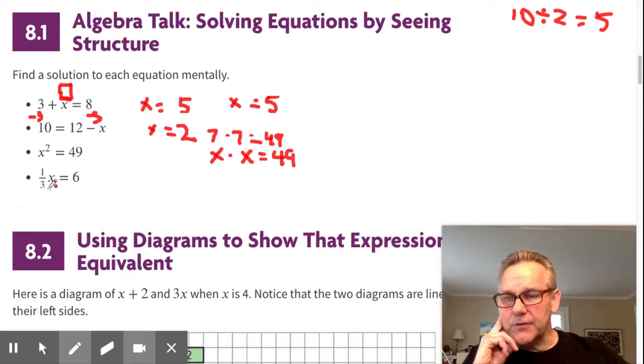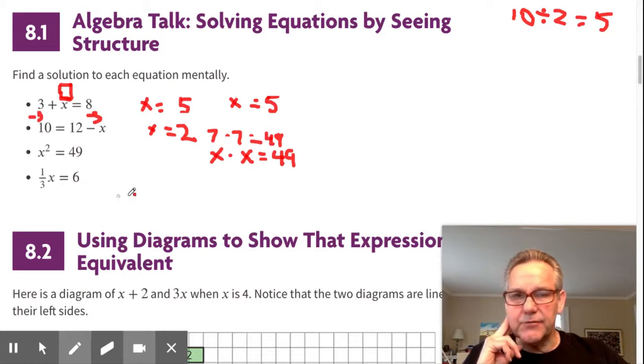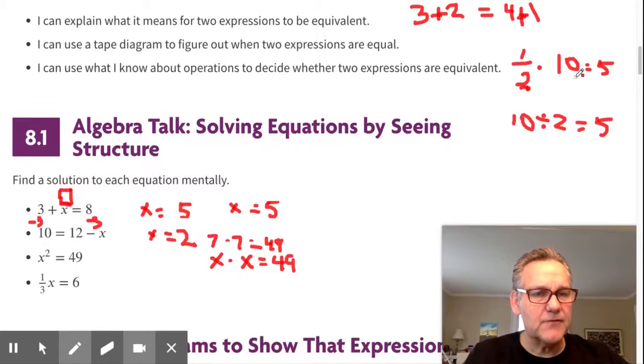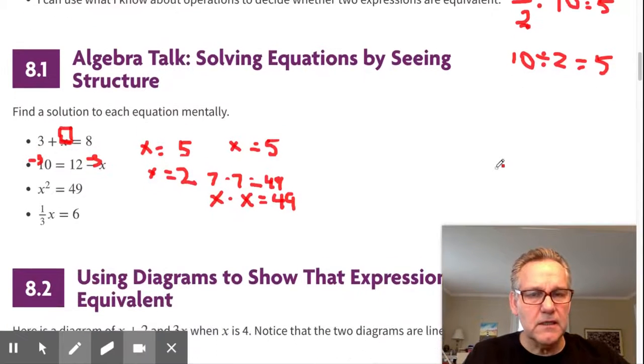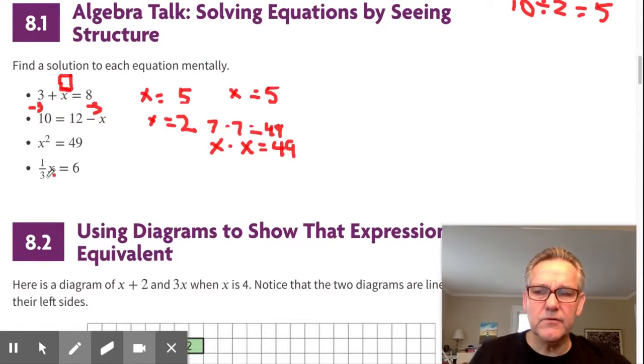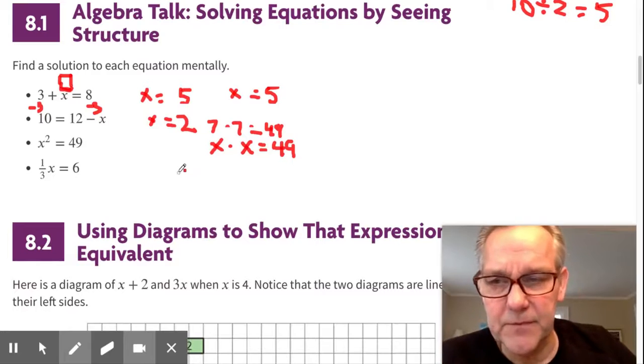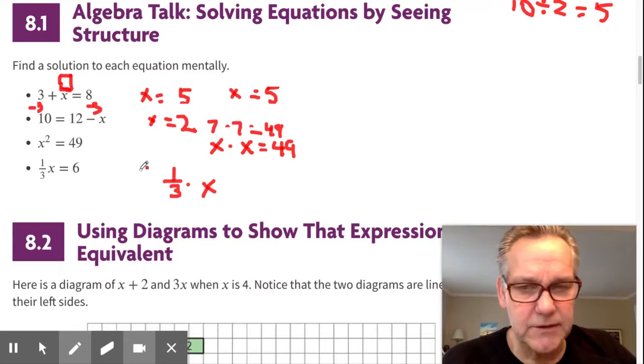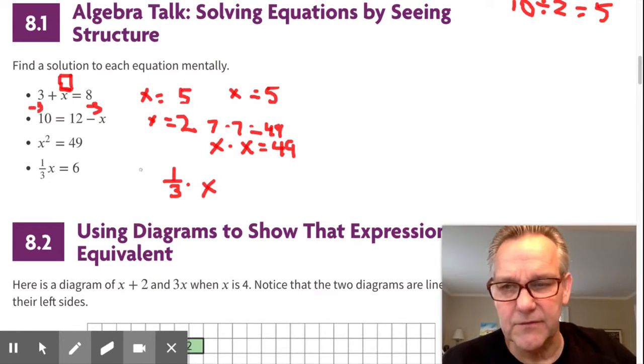And the last one, 1/3 times x is equal to 3. Well, remember when we talked about the half when we were up here? We talked about the half times 10 is equal to 5, is the same as 10 divided by 2. Same thing. So here, we can set this up, and we can say, okay, 1/3 times some number, and then we're using x instead of a question mark or an empty box, equals 6.